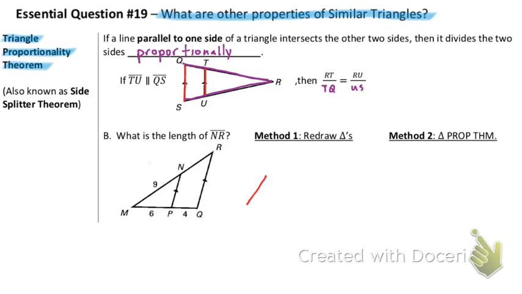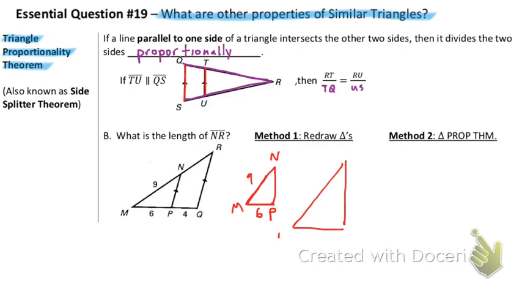So I would go here, this would be M, N, P, and then we would put in 9 here, 6 here. And then we draw the overlap. So we draw the bigger triangle.